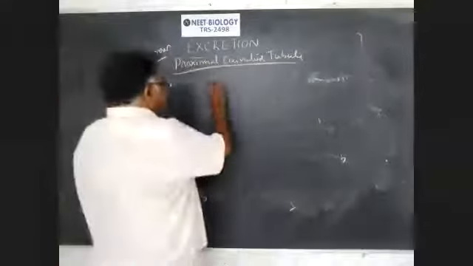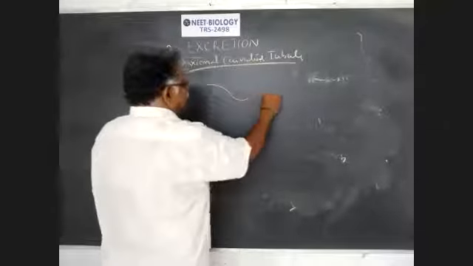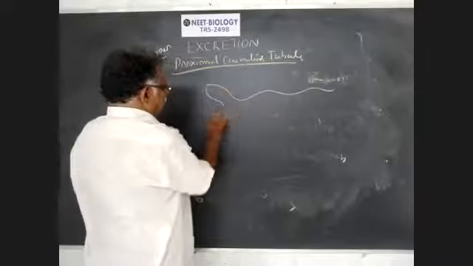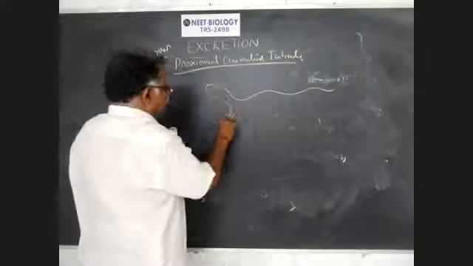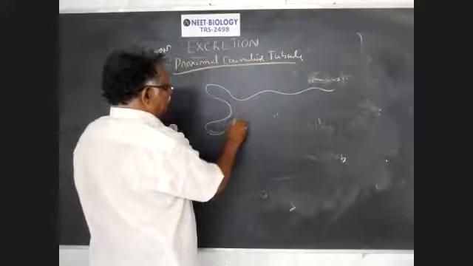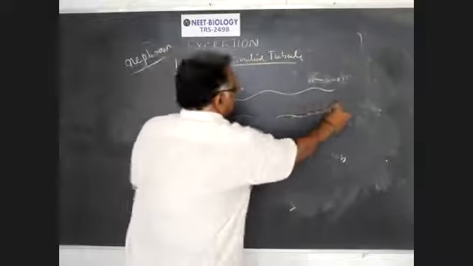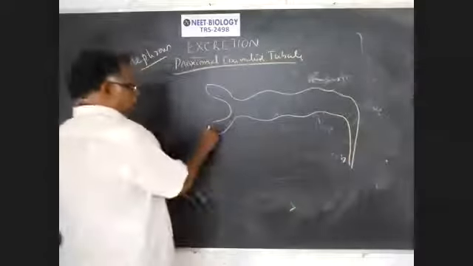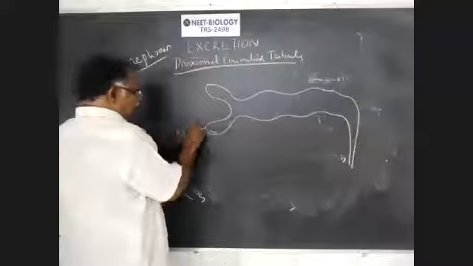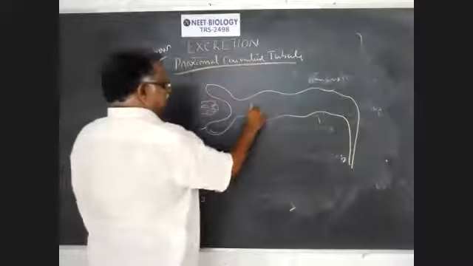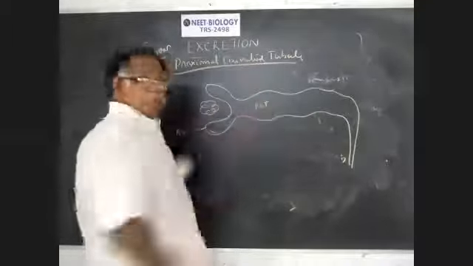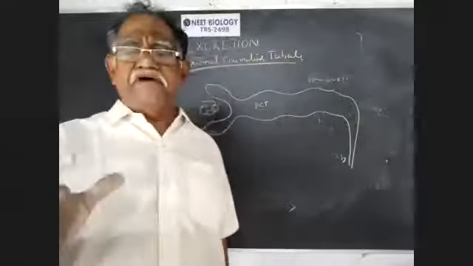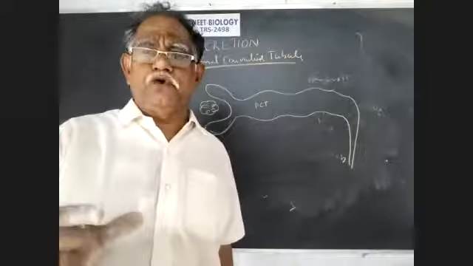See here, this is the Bowman's capsule, glomerulus. This is PCT, proximal convoluted tubule. What is the function of the proximal convoluted tubule in the formation of urine?